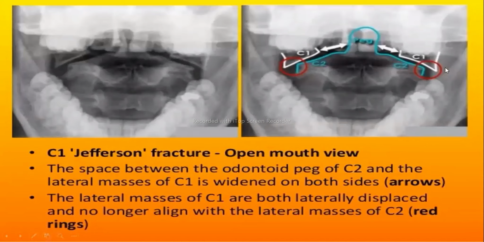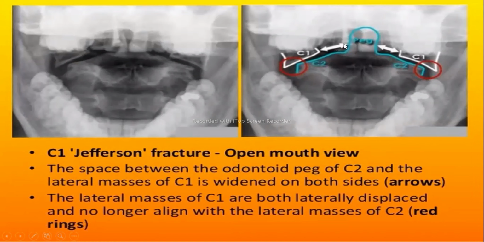Okay. What about alignment here, guys? Any alignment here or abnormal? Abnormal. Yeah. So here there is no alignment. Alignment means this border should be here. It means there is a fracture in C1, this lateral border of C1. And here it is widened.